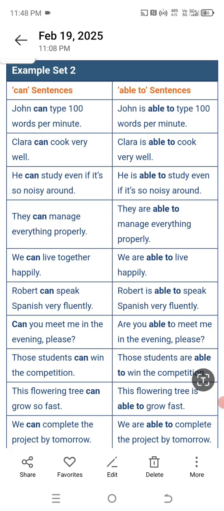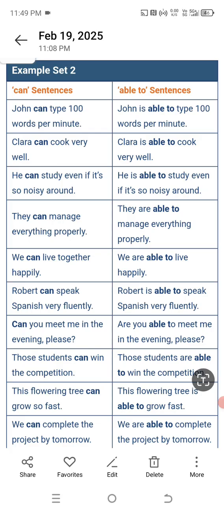Clara can cook very well. Here, Clara is a female person, and it is the name of a person, and in this example they used can, so we are going to use able to in this sentence.